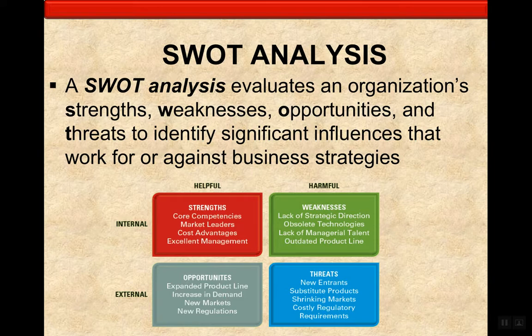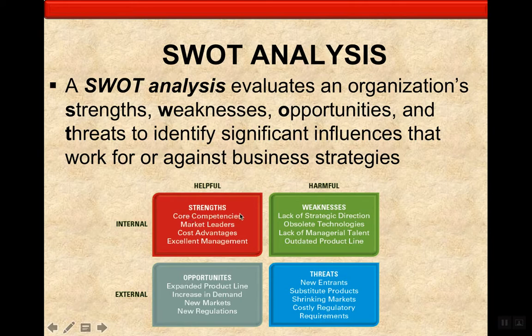So first, when we talk around strengths, weaknesses, opportunities, threats, SWOT, the idea is breaking the world into internal and external, helpful and harmful, and then matching on this matrix.